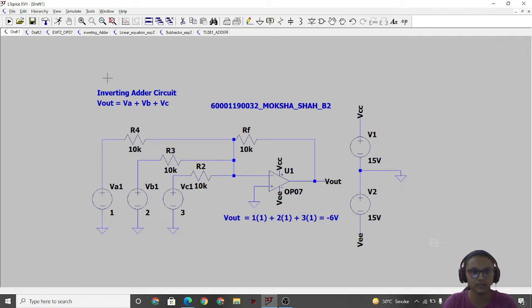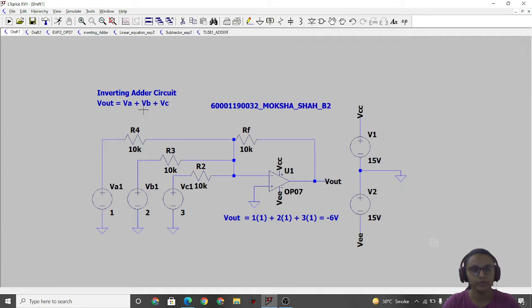Let's start. For the inverting adder circuit, we have the equation VA plus VB plus VC. Since there are 3 input voltages, we'll be adding them as shown in the inverting adder. All the supplies will be given to the inverting side. Here I have taken RF as 10 and R4, R3 and R2 also 10.